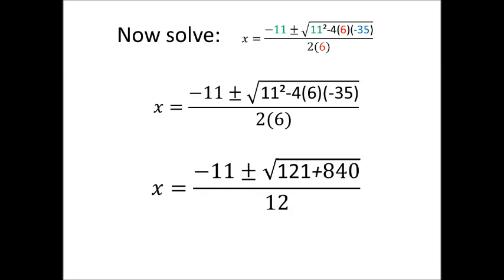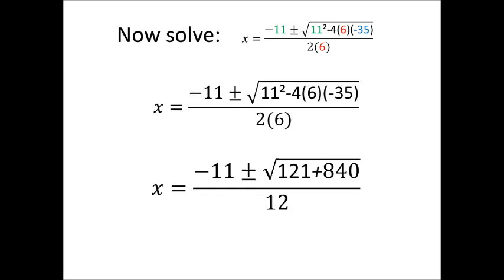So now we proceed to multiply the order of operations that appears in the denominator, which is 2 times 6, which is 12. Now we can add up that 121 plus 840, which is inside the square root.